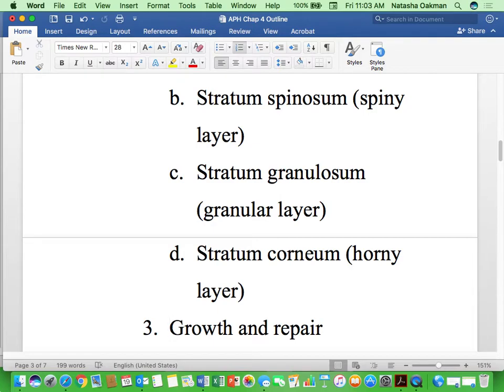So as far as growth and repair, our epidermis grows and repairs from the inside out. So if you think about if you have a scab and you just leave it be and give it time to repair itself, okay?